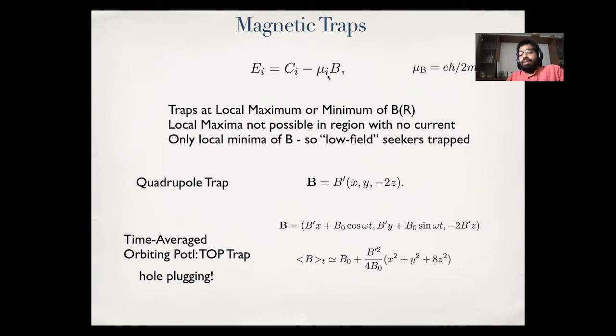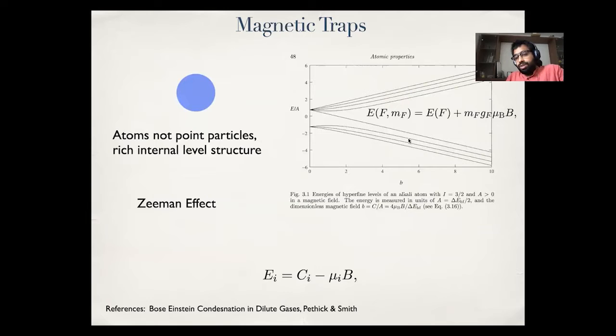I'm assuming that the internal level of my atom is always on the same branch, so it doesn't move to any other internal level states. As position varies, I'm going to move somewhere on this line. But the problem is this motion is not very slow for a hot atom. Sometimes you can also have processes where I jump into one of these higher levels, right? And since the energy gaps between the higher level and the lower level are smaller at smaller B field, very close to zero field, the internal state of the atom can flip from the one that you can trap.